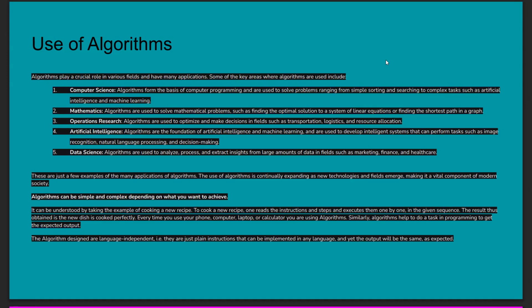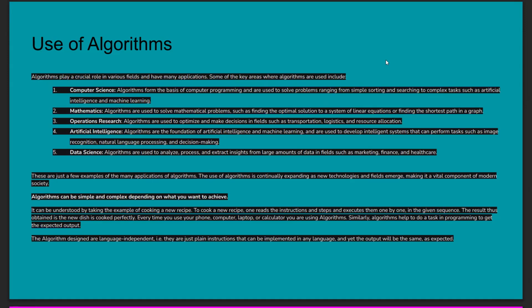If we want to search for anything in a complex task, there are some complex tasks available in computer science, and searching in them is not an easy task. It will take a lot of time. So these algorithms come into the picture, and by using them, they make those complex tasks easy.